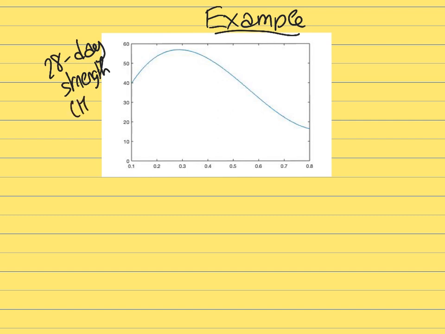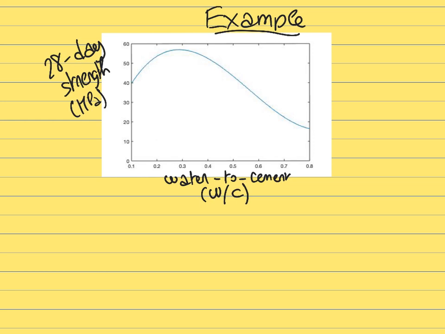Here you have the measurements in megapascal, and you want to measure this as a function of how much water you used in your concrete. The x-axis is the ratio of water per cement, the mass of water divided by the mass of cement, something that we typically call the W/C ratio.